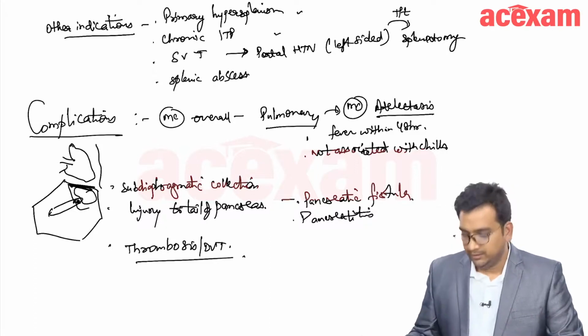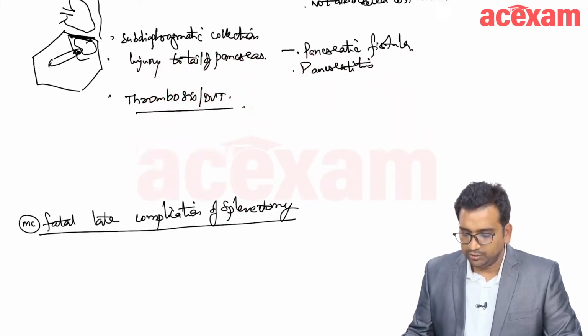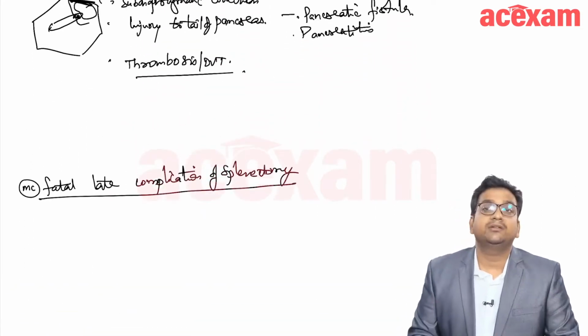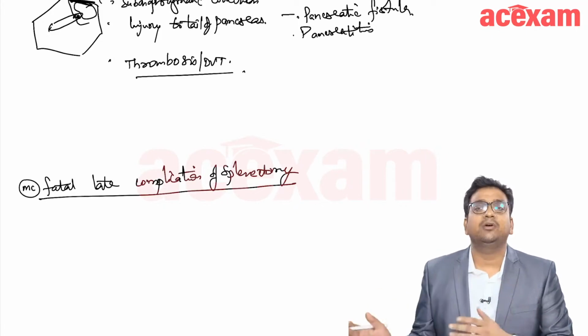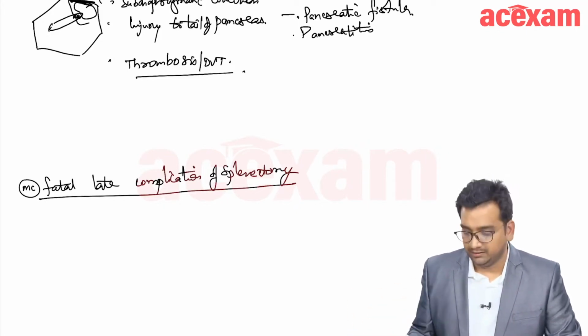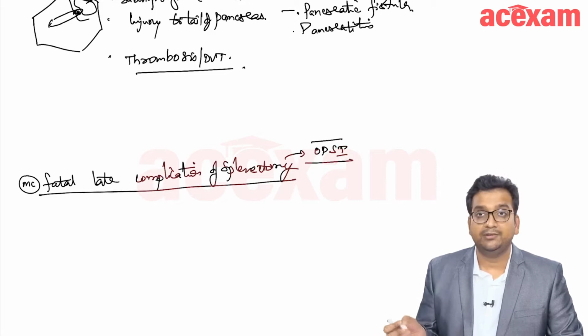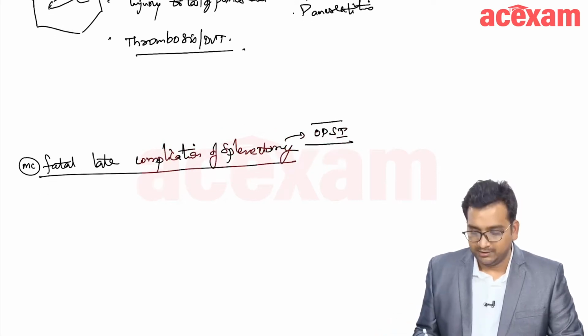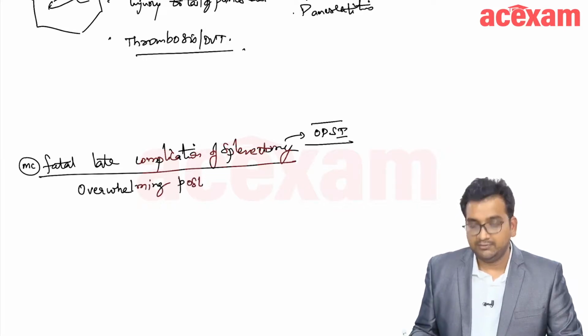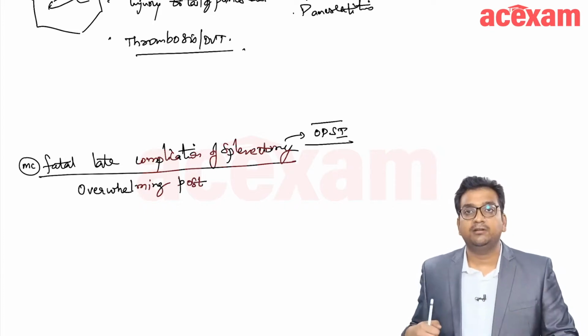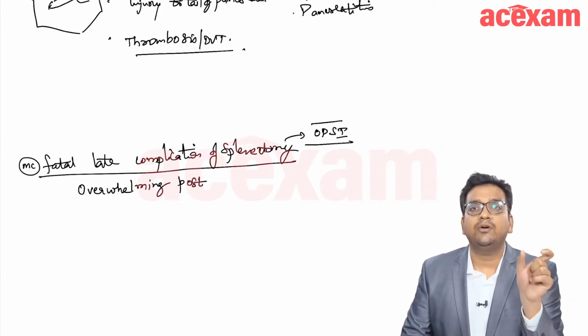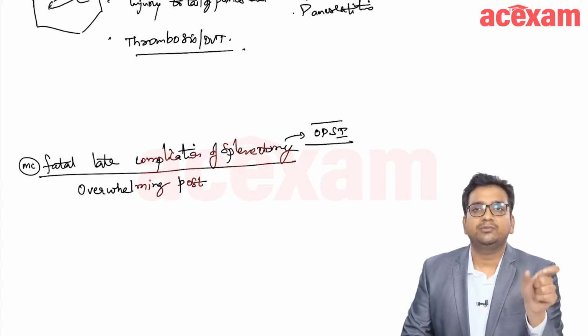Now, what is the most common fatal late complication of splenectomy? The correct answer is OPSI. What is the full form of OPSI? It is a very difficult question because it is difficult to remember. We read a lot of things about spleen, but they'll ask only the full form of OPSI, and still 30% of students will mark it wrong.